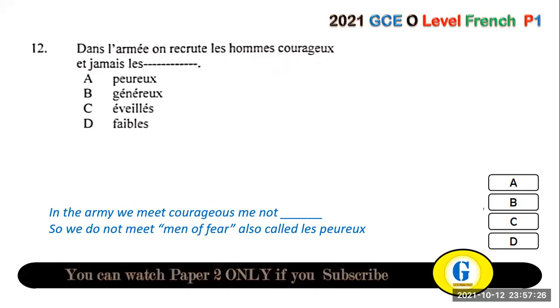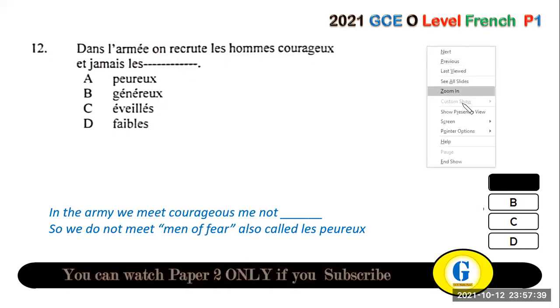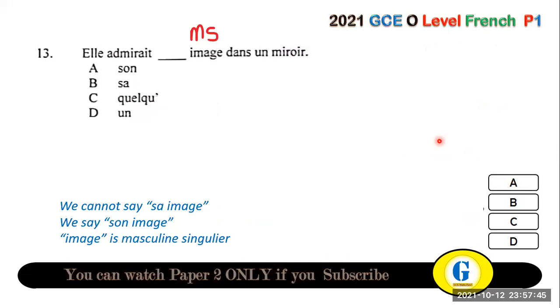And fearful people are called peureux. Peureux means somebody is afraid. So our key here is A, right? Yes, so we don't take people who are afraid. We take people who are courageous. Okay, question 13. Elle admirait blablabla image dans un miroir.